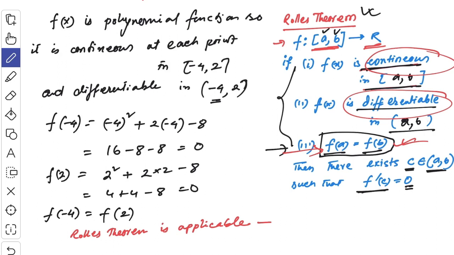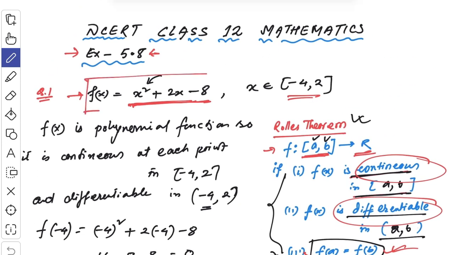To verify, we have to check whether there is any real number c in the open interval a to b, in this case -4 to 2, such that f dash c is equal to 0. So first let us find f dash x from this function. That means let us differentiate this function with respect to x.